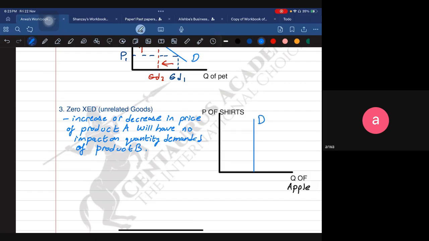It's not changing. The quantity is going to stick, whereas the price is going to keep fluctuating. It doesn't matter if it is decreasing or increasing.